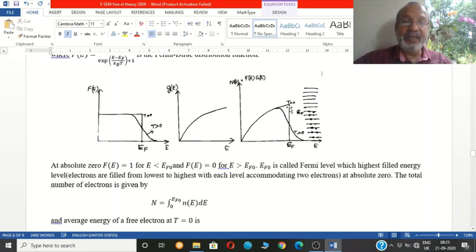Thereafter it is multiplied by 0, so it reduces to 0. Above EF there are no particles, so N(E) will be 0.